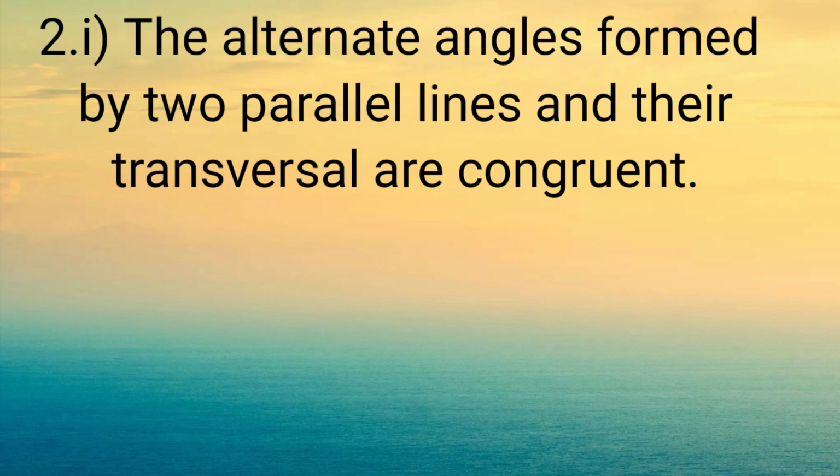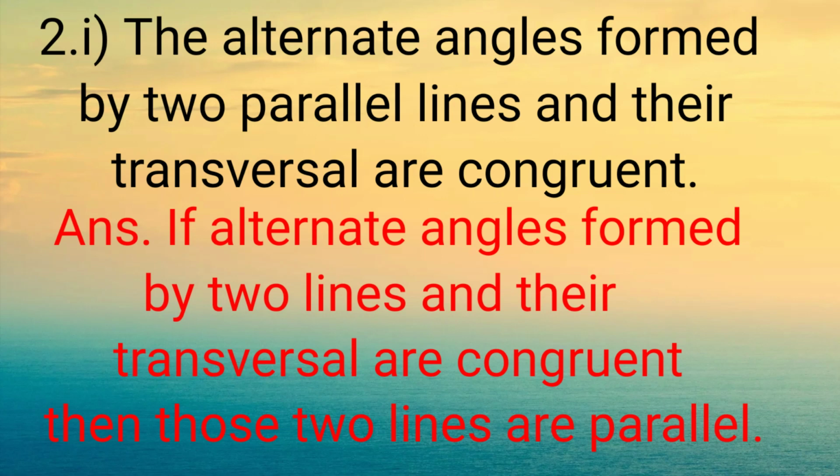Lines are parallel is the given part and alternate angles are congruent is the to prove part. So we will interchange these given and to prove parts. Answer: if alternate angles formed by two lines and their transversal are congruent, then those two lines are parallel.